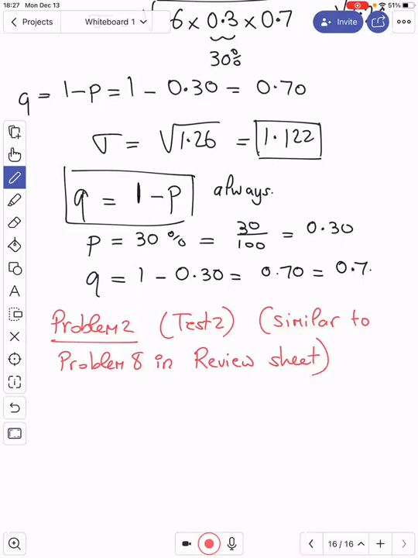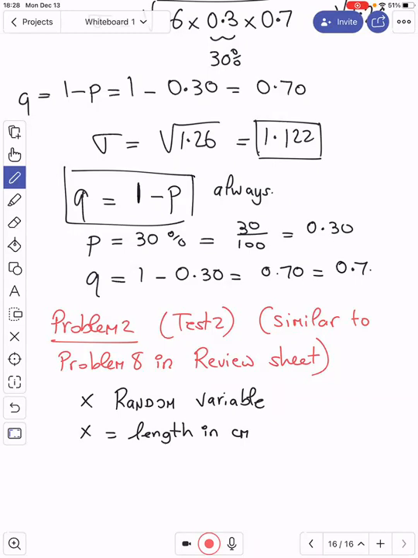So you have this random variable x, which follows a normal distribution as usual. And this x represents the length, in centimeters, of a fish caught in a lake.